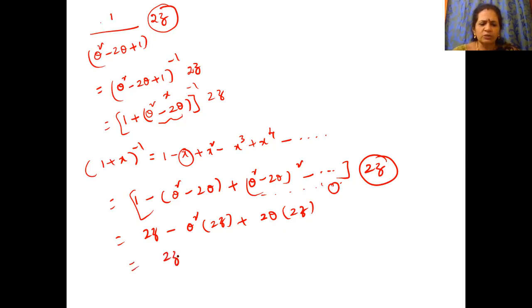So the first term is 2z minus D square of z, plus 2 into 2, that is 4, D of z.